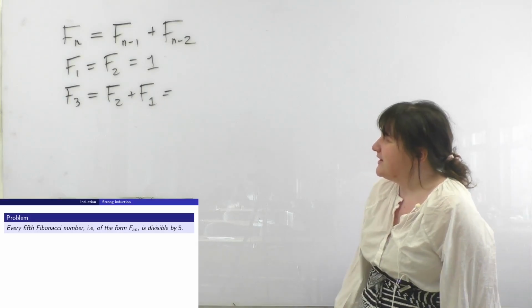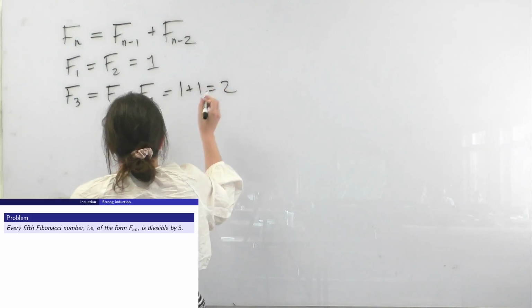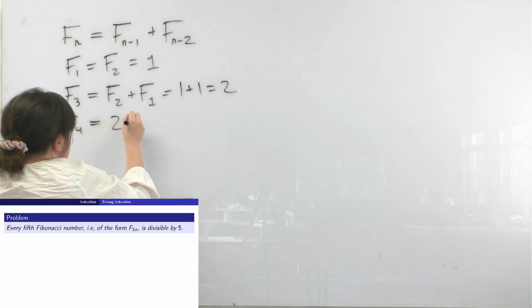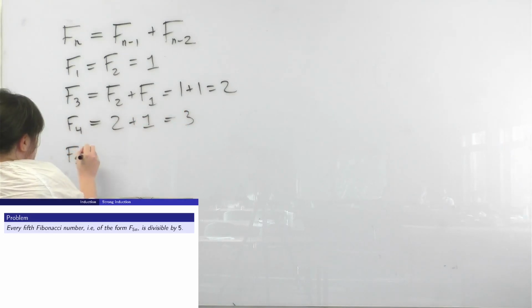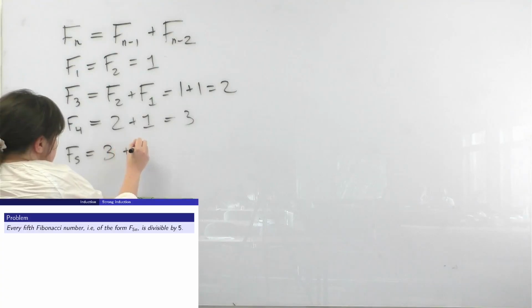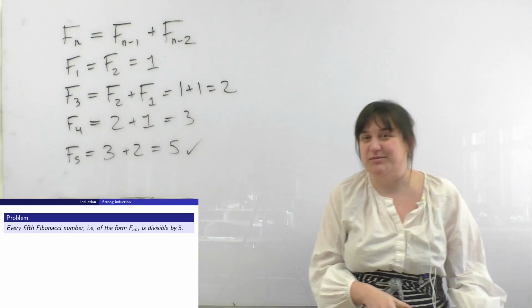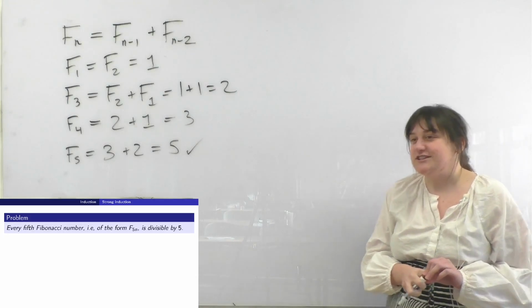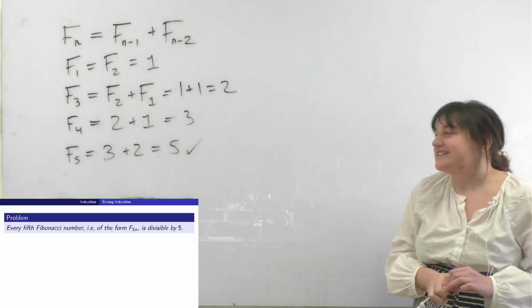Okay, so for F3, I'll add together F1 and F2. So this is 1 plus 1 is 2. F4, I take F3, which is 2, I add 1, and I get 3. F5 is going to be 3 plus 2 equals 5. Okay, base case accomplished.